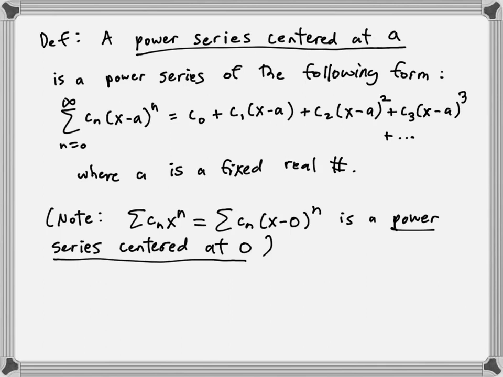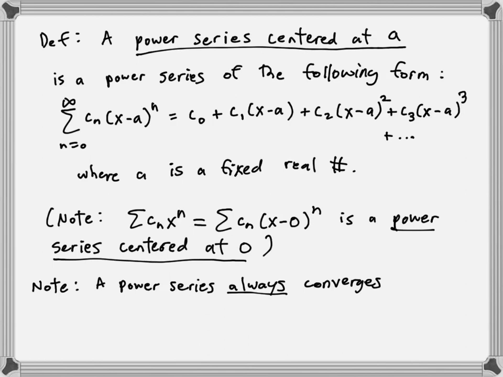So what we're going to be concerned with is the nature of the convergence of power series. What does it look like? Let's think about these things a little bit. So note, a power series always, no matter what, converges where?